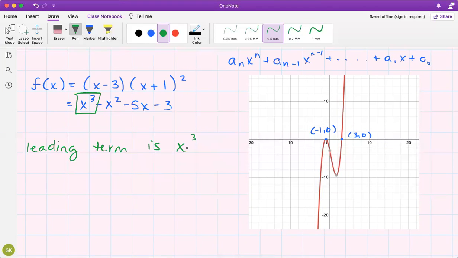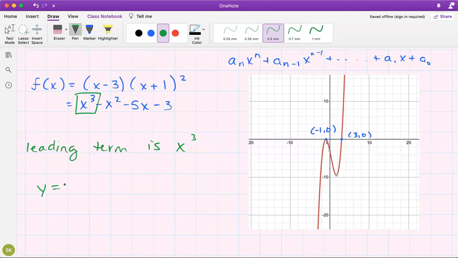It turns out that the end shape of this function is going to look very similar to the power function y is equal to x cubed. So here I have something whose leading term is x cubed.